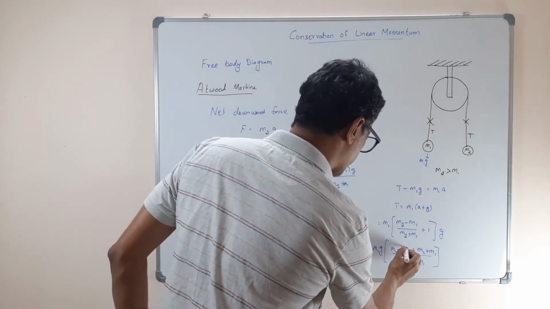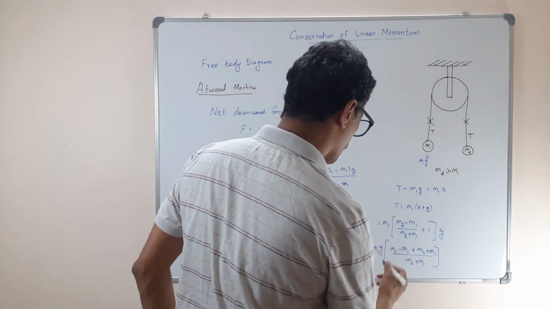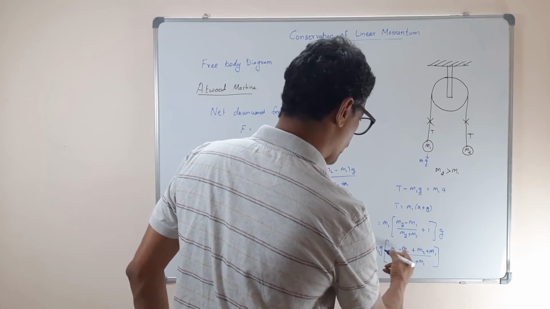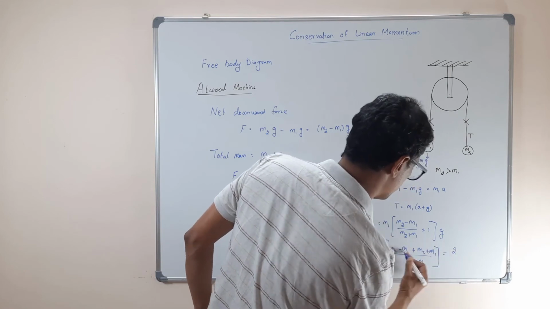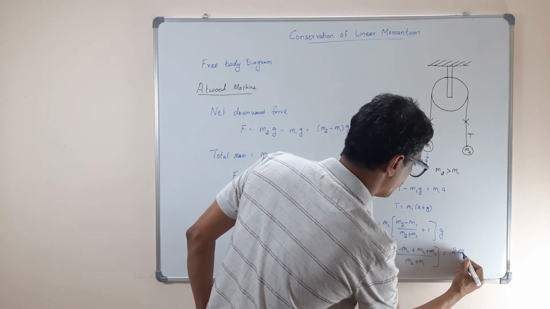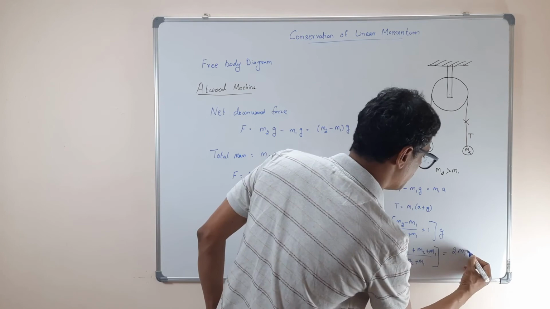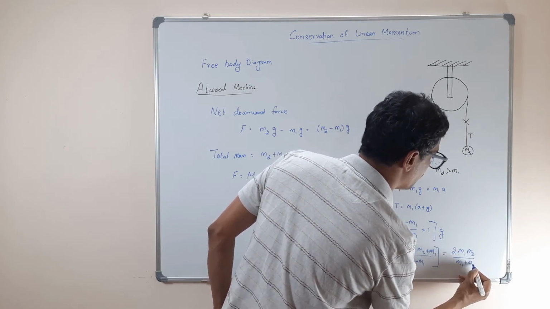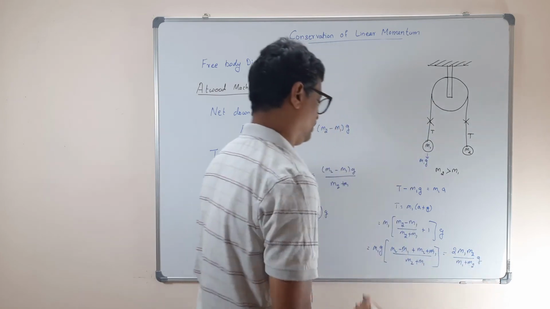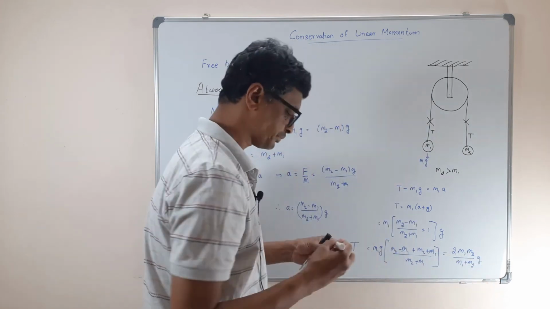Tell me. So this cancels off. 2M2 will come. Correct. This M1 is also there, na? So what you're going to get is 2 times M1 M2 by M1 plus M2 into G. That's what your tension is.